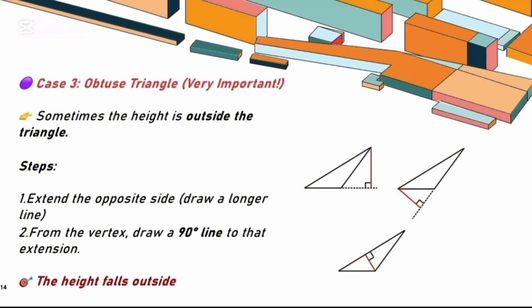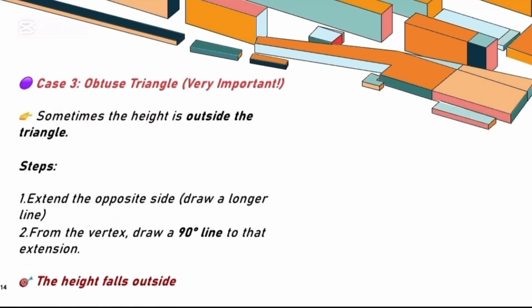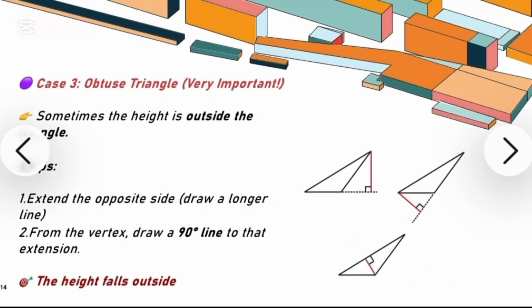So in order to draw the height in this case, first we extend the opposite side of the obtuse angle, then we put the set square on the extended side, and from the vertex we draw a line making 90 degrees to that extension. So the height falls outside the triangle.